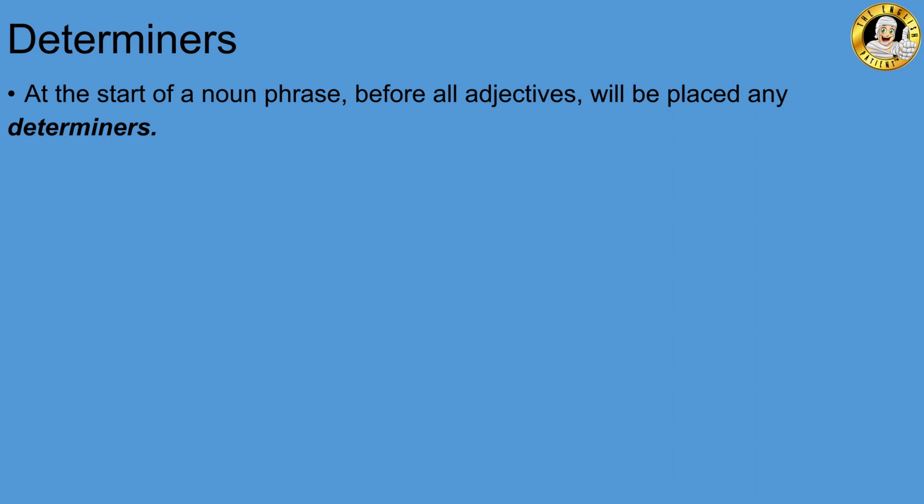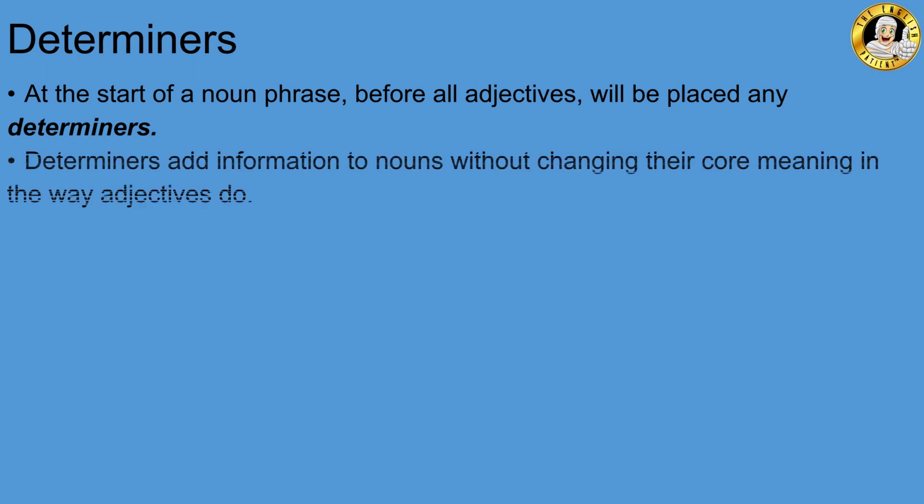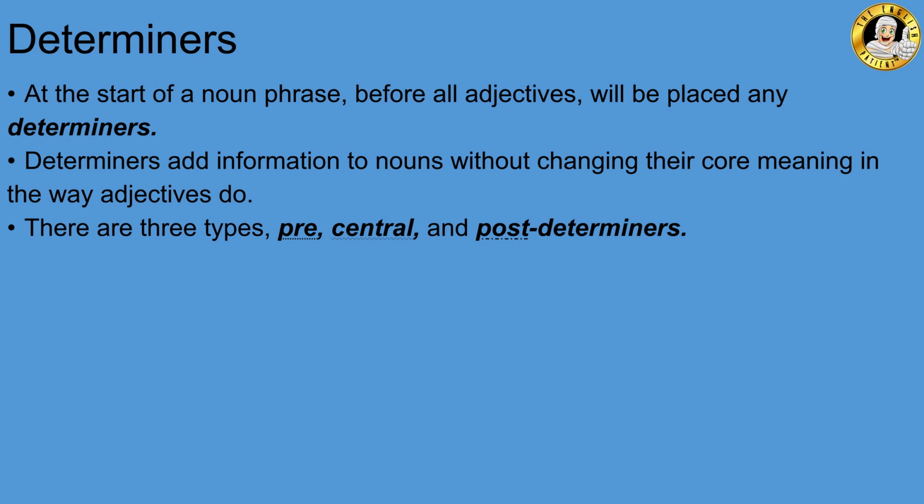Now, as we've seen, at the start of a noun phrase, before all of the adjectives, we will place any determiners. Determiners add information to nouns, but they do not change the core meaning of the noun in the same way that adjectives do.